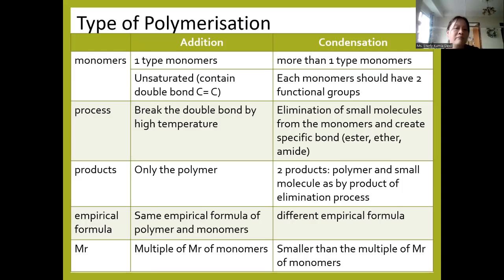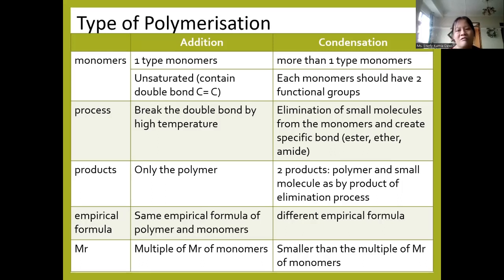Okay, and creating a specific bond. In addition polymerization, there is no specific bond, but in condensation, there is a specific bond, usually ester bond or amide. You only need to learn two of them, ester and amide. In bio, you cannot call it amide actually, but amine group.